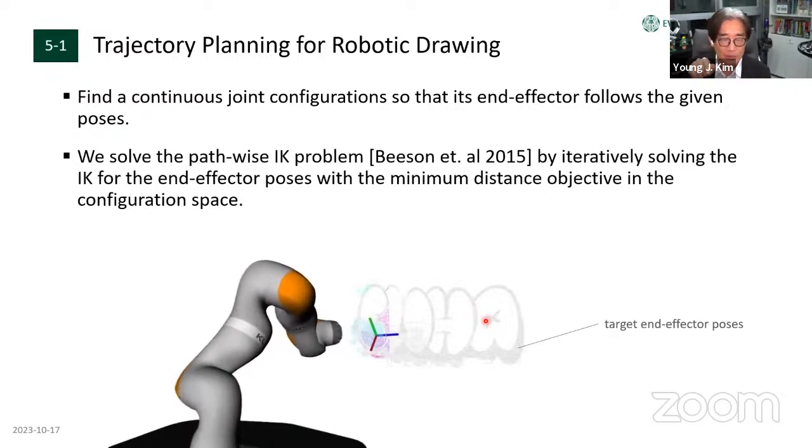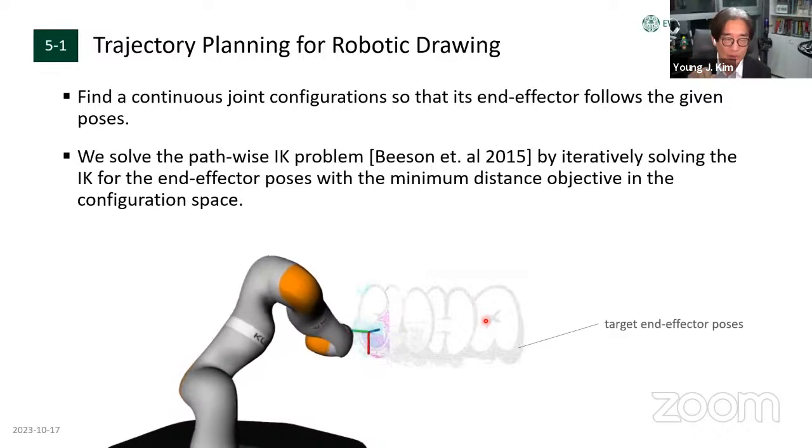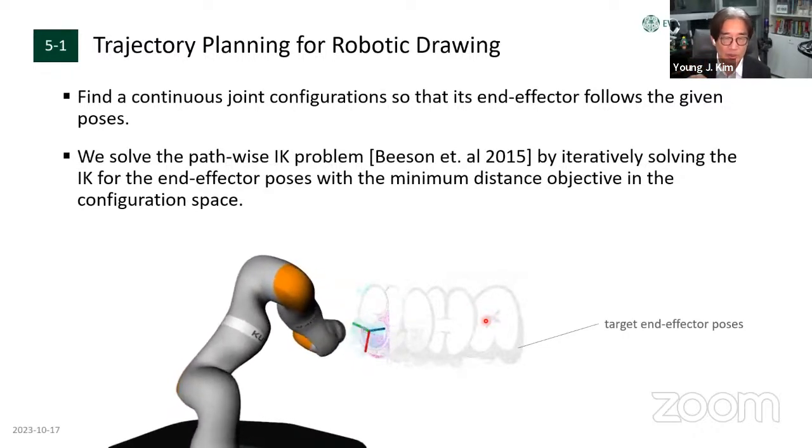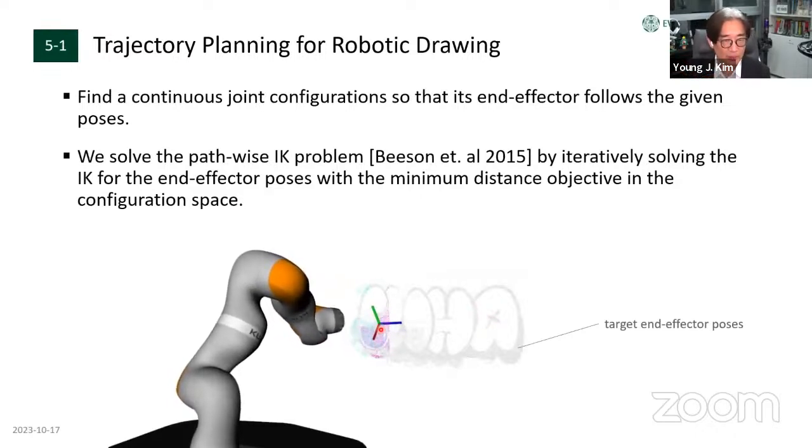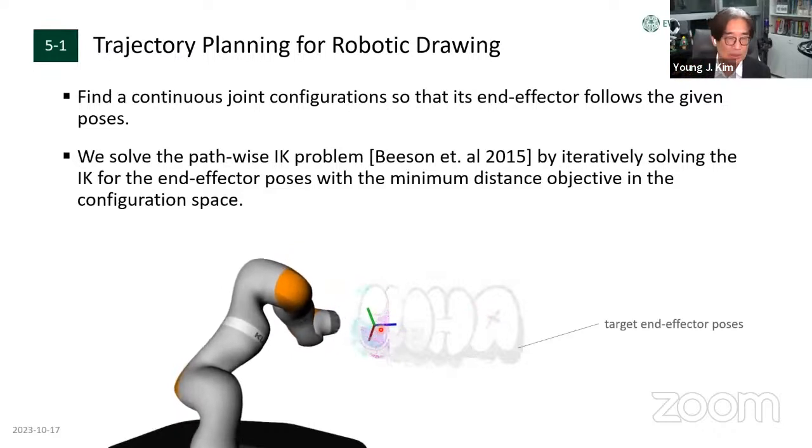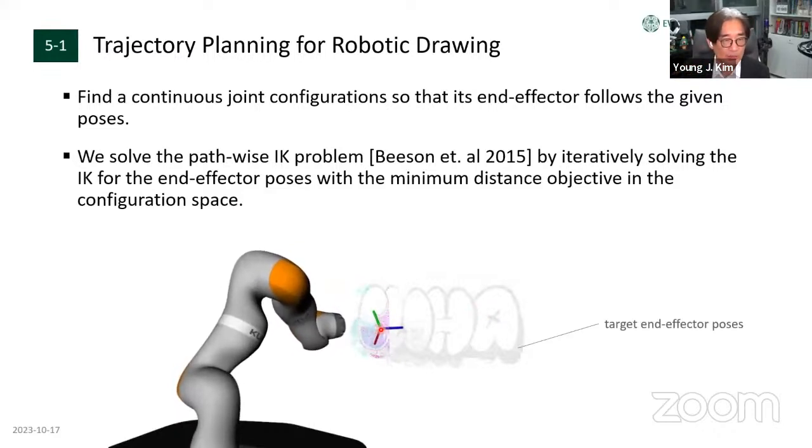And typically we want to draw perpendicular to the target surface, which means that we know the approaching direction. So to some degree, you know the pose of the end effector when you touch the target surface, but you still need to find the joint configuration to realize that end effector pose.